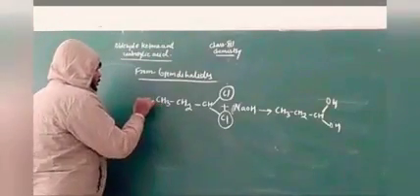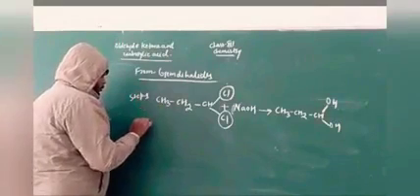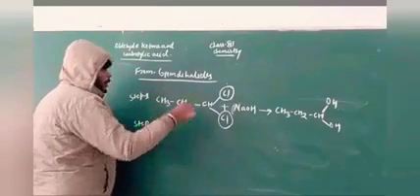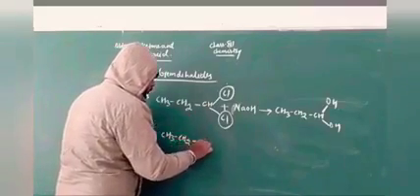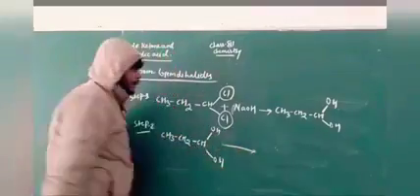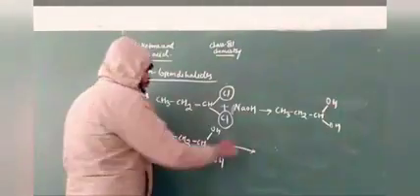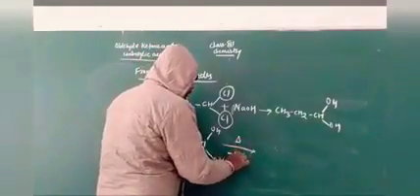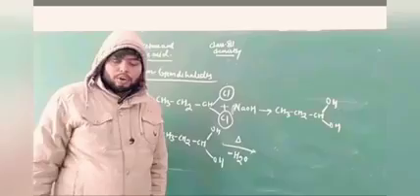Now this is your step 1 and this is your step 2. We have to again draw this structure, CH3, CH2, CH combined with this OH and this OH. Now we use heat as the condition, and this eliminates hydrogen in the form of water.